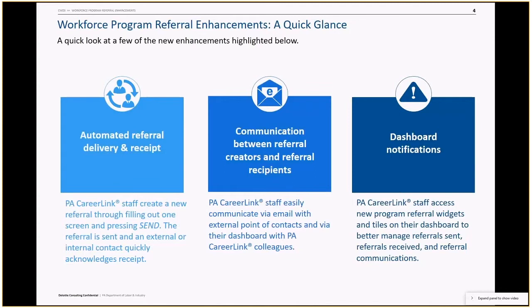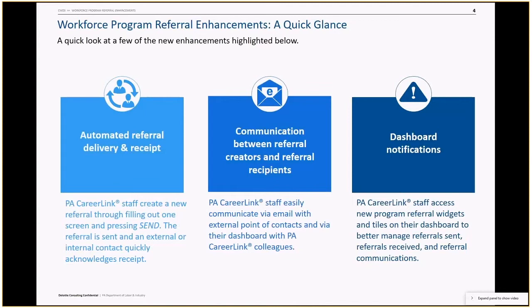Again, second point there, communication between the referral creator and recipients. I did speak to that. External communications via email, internal communications via dashboard. But all these communications will show up within the referral itself. As we go through and demonstrate, you'll see there are 3 different tabs on the referral. There's the referral itself and the information contained therein.